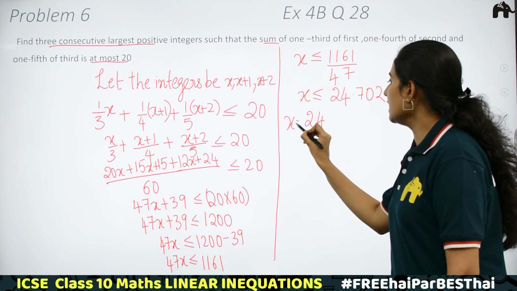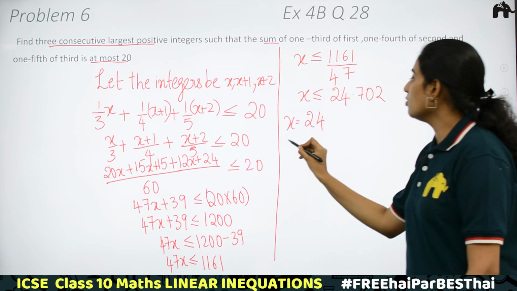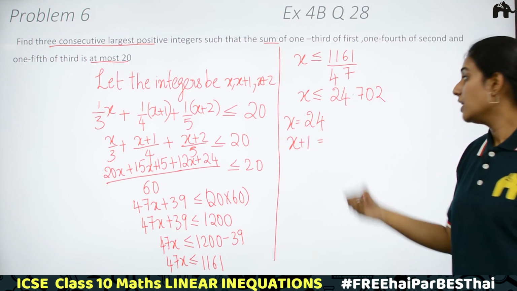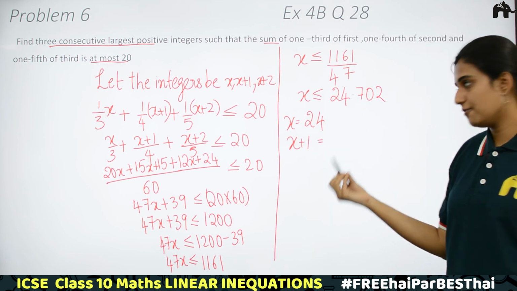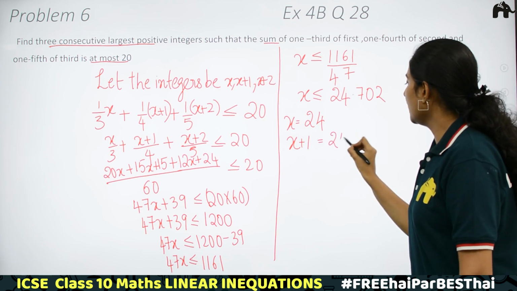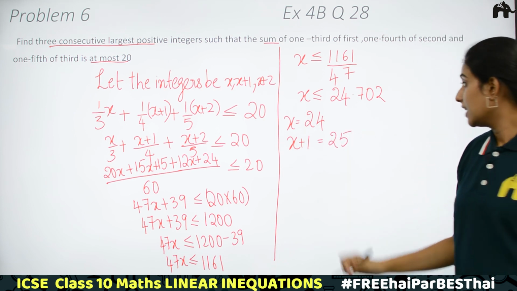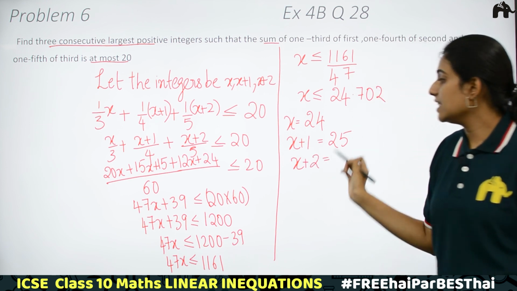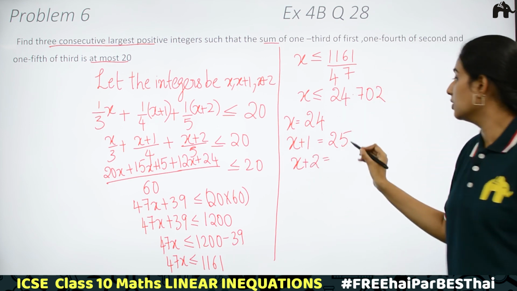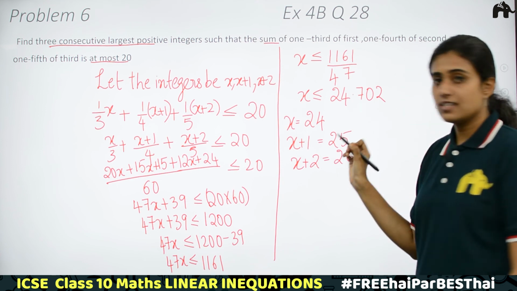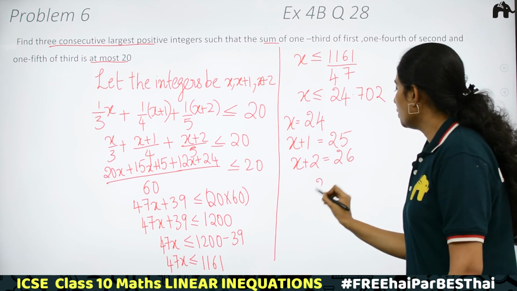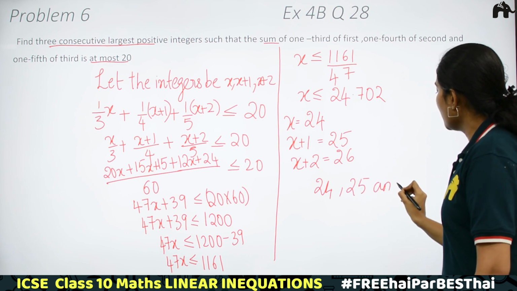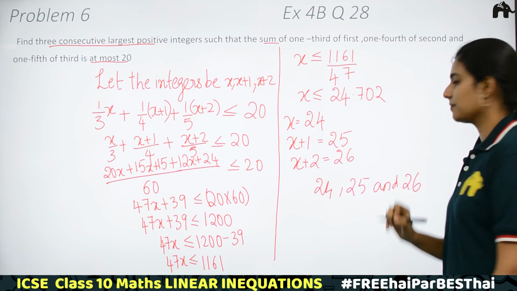If x is equal to 24, then what is x plus 1? X plus 1 is equal to 24 plus 1. That is 25. X plus 2, 24 plus 2, 26. The consecutive integers are 24, 25 and 26.